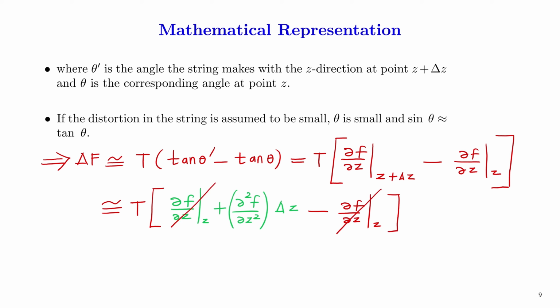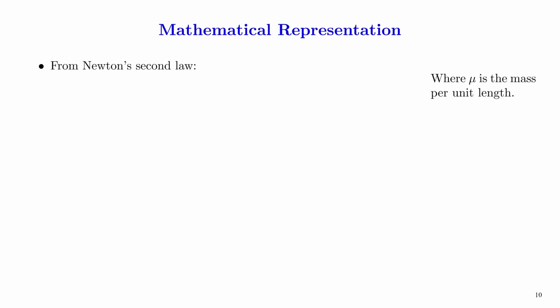These two terms get cancelled, and therefore we are left with delta f equal to T ∂²f/∂z² delta z. We shall take this as equation number 2. Now, from Newton's second law, the force is given by mu times delta z multiplied by ∂²f/∂t², where mu is the mass per unit length.